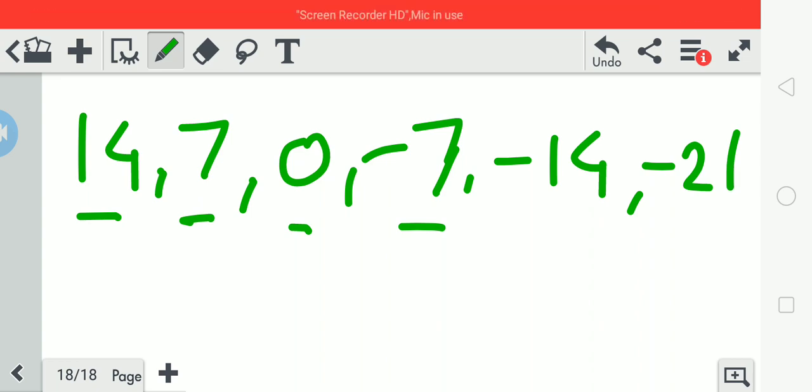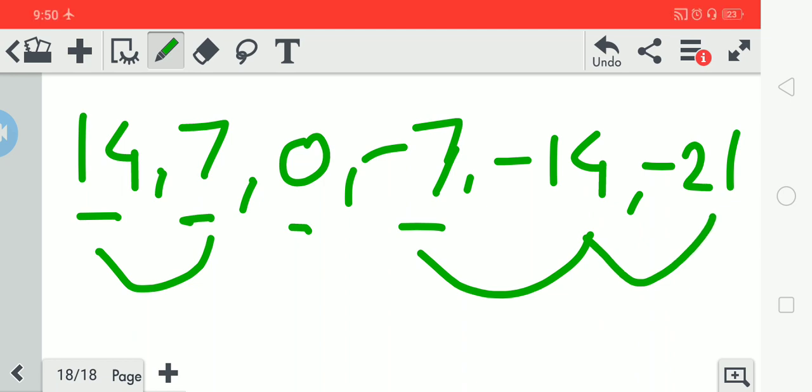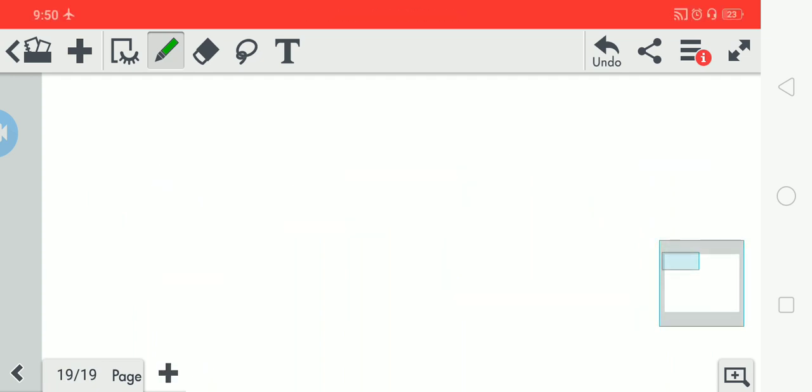Here it is nothing but the table, see 7 1s are 7, 7 2s are 14, 7 3s are 21. You just have to assign the negative sign there. We have to use some tricks to identify the patterns. Hope you get all the points here.